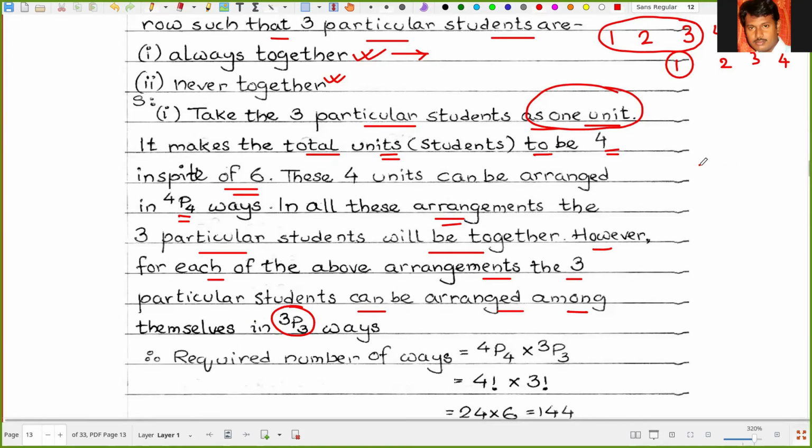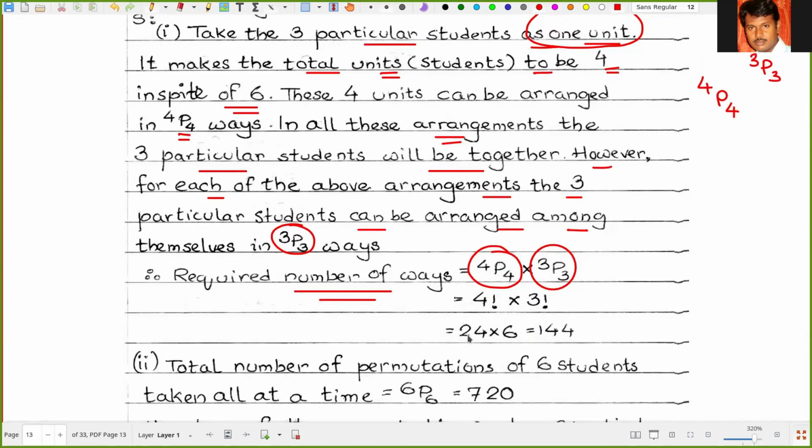That means 4 out of 4 we are choosing, but that 1, 2, 3 can also be taken as 3P3, because it can be 1, 2, 3, 1, 3, 2, 2, 3, 1 in that way. So the required number of ways is equal to 4P4 into 3P3, or that is 4 factorial into 3 factorial, or 24 into 6, and the answer is 144.